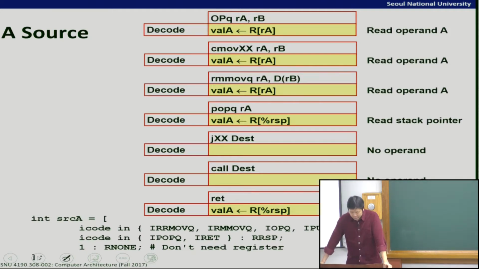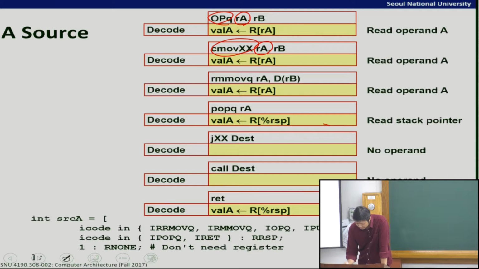So let's start with source A, the first register specifier. These are all the instructions that require a value from read port A, the first read port. For example, in an OPQ instruction, something like add Q, we have to read the value of RA through source A. And in the case of C move, we have to read the value of RA to copy the value to register B, and so on.